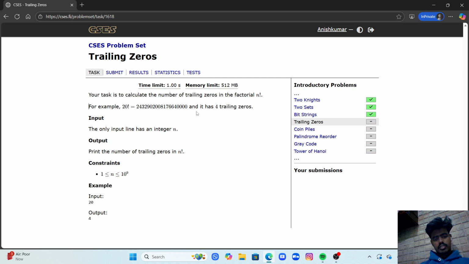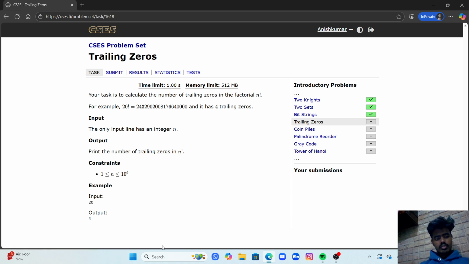This is the value of 20 factorial and it has four trailing zeros, right? The input, the only input line has an integer n. Output: print the number of trailing zeros in n factorial. The constraint is 1 ≤ n ≤ 10^9. Example, input 20.